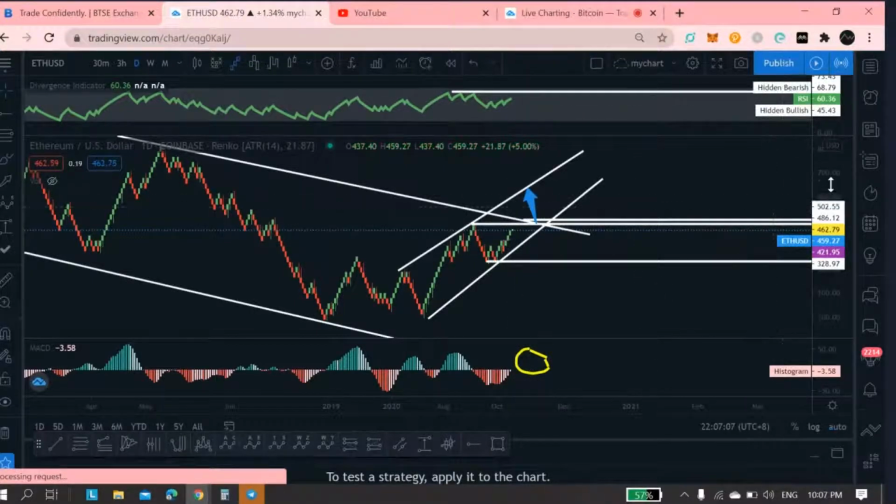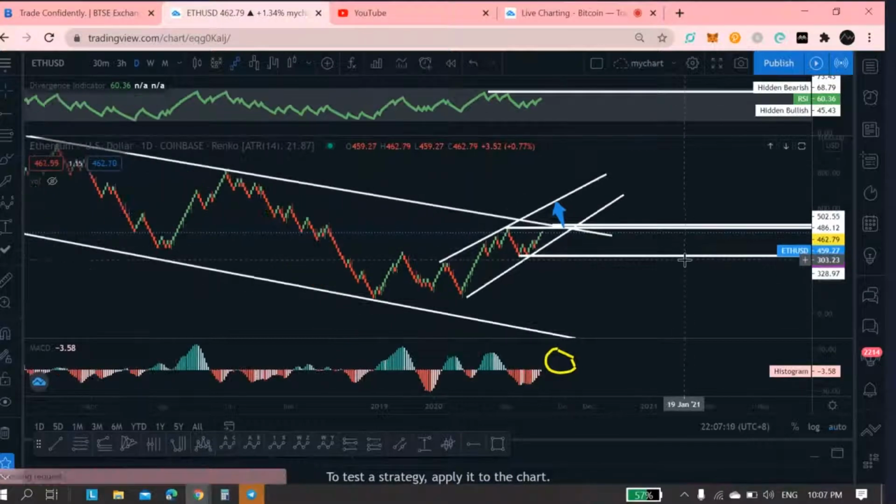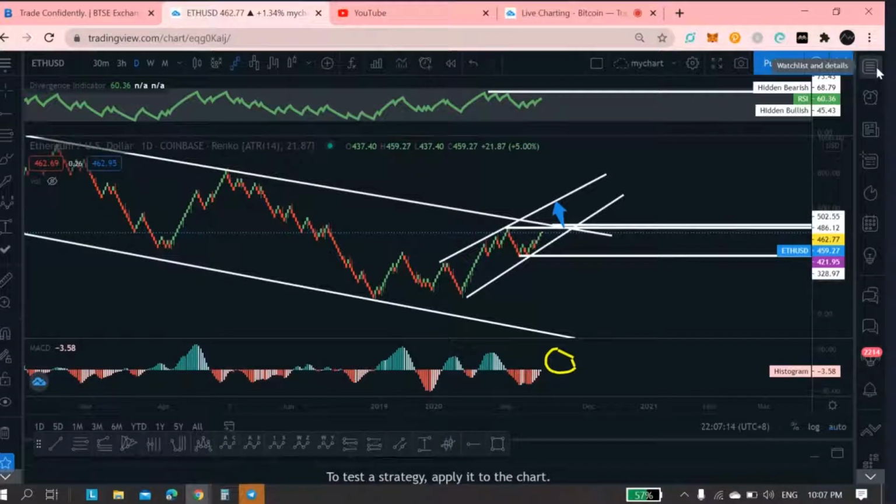Anyway, my bias for Ethereum is more bullish. Next, it could possibly retest the previous high of around 485. A breakout of that level could possibly retest around 500 area.